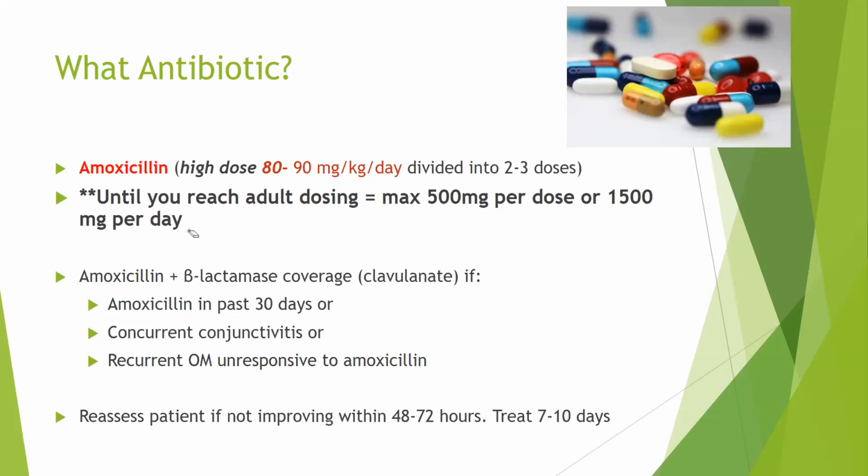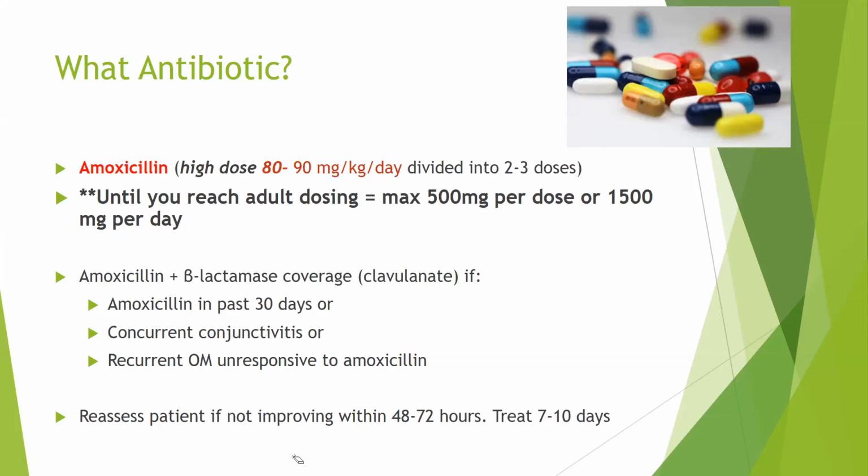Also, if they're refractory and don't respond to amoxicillin, then we can use amoxiclav, which is Augmentin, and is going to increase the coverage and also provide beta-lactamase inhibition. So amoxicillin use in the past 30 days is a reason to use Augmentin. Concurrent conjunctivitis is a reason to use Augmentin, and recurrent otitis media that is not responsive to amoxicillin is a reason for Augmentin.